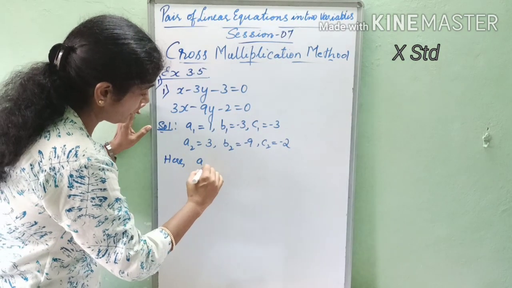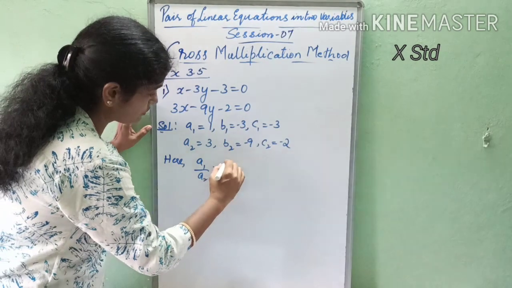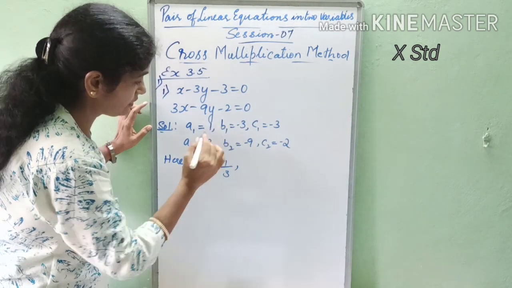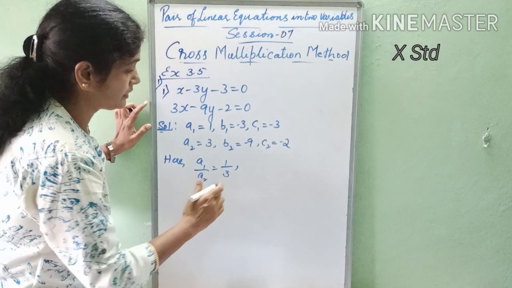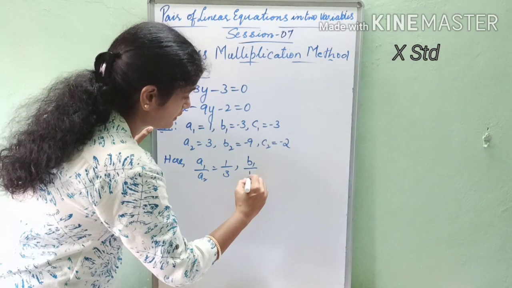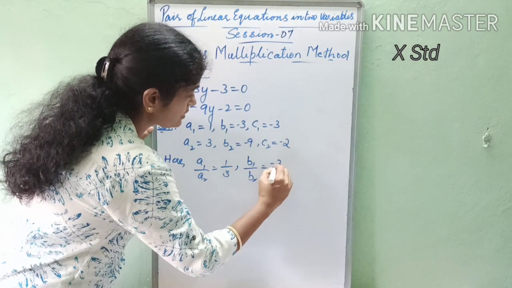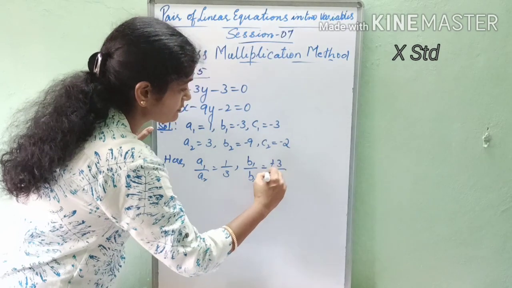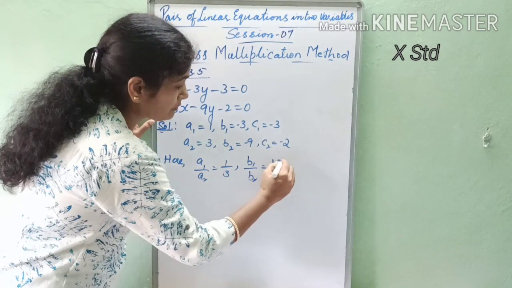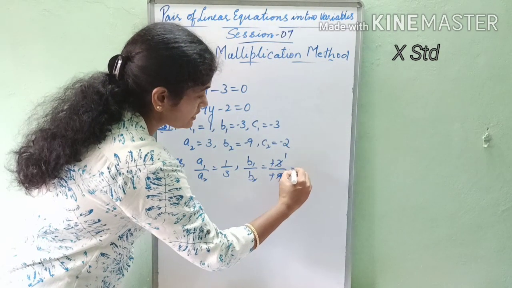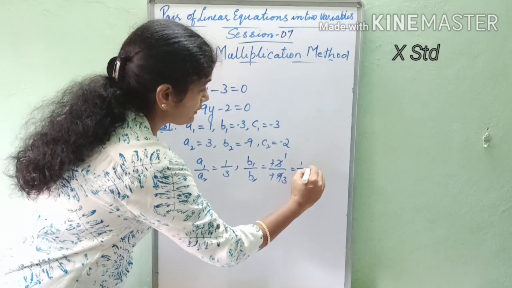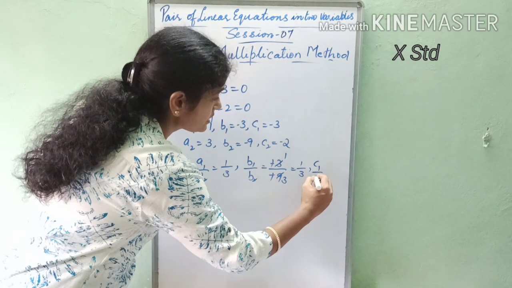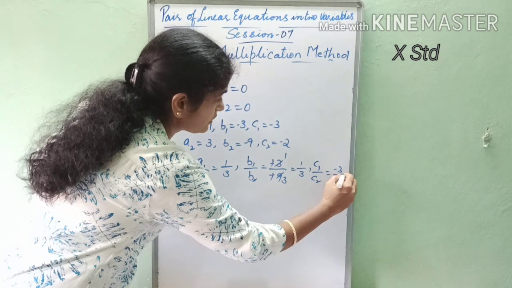Then we will check whether they are equal or not. a1 by a2 is equal to 1 by 3, and that is in the simplest form. Then b1 by b2 is minus 3 by minus 9. The minus signs cancel. Simplify that, it is 1 by 3. And what about c1 by c2? c1 by c2 is minus 3 by minus 2.